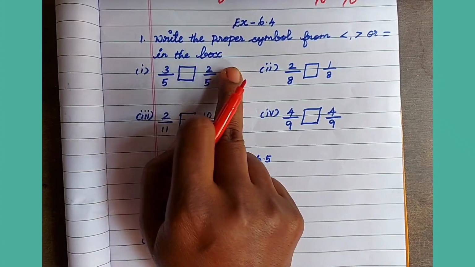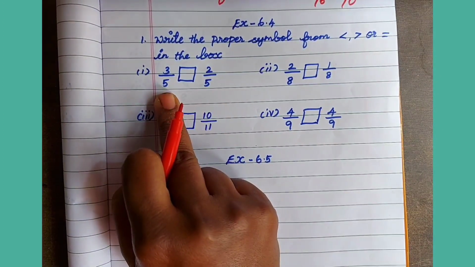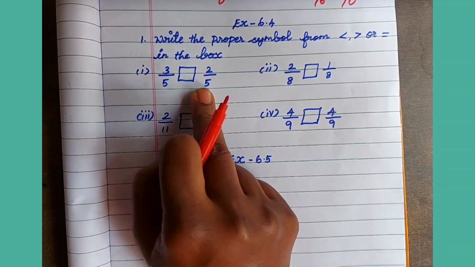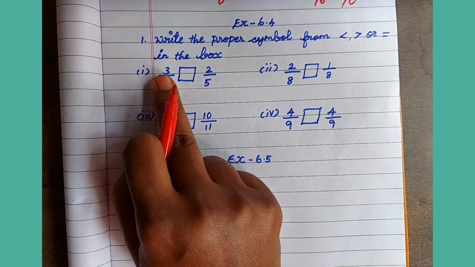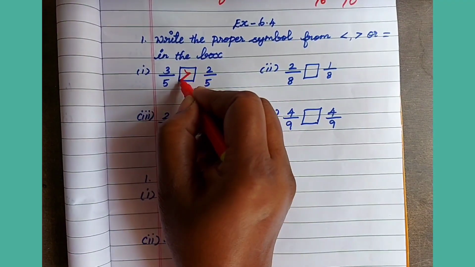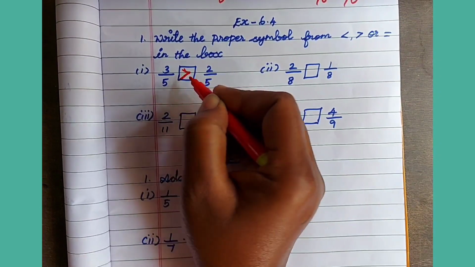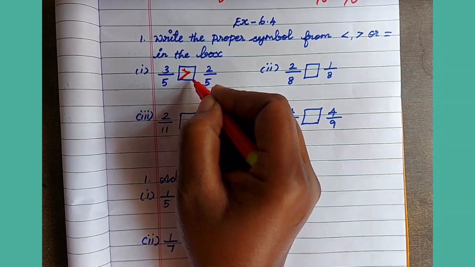Whichever is bigger, the open side of the symbol goes there. Numerators 3 and 2: 3 is big, 2 is small. So we write the symbol for greater than.